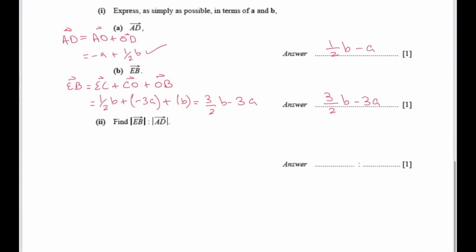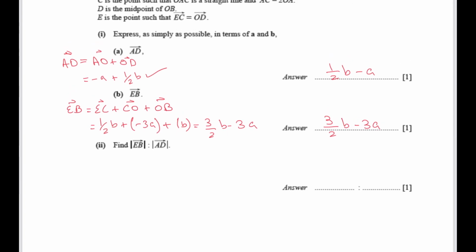Okay, the last part says find the ratio between the vector EB and AD. So our vector EB is 3/2 b minus 3a. If we write that as one fraction, this becomes (3b minus 6a) over 2. Then the other vector AD is 1/2 b minus a.